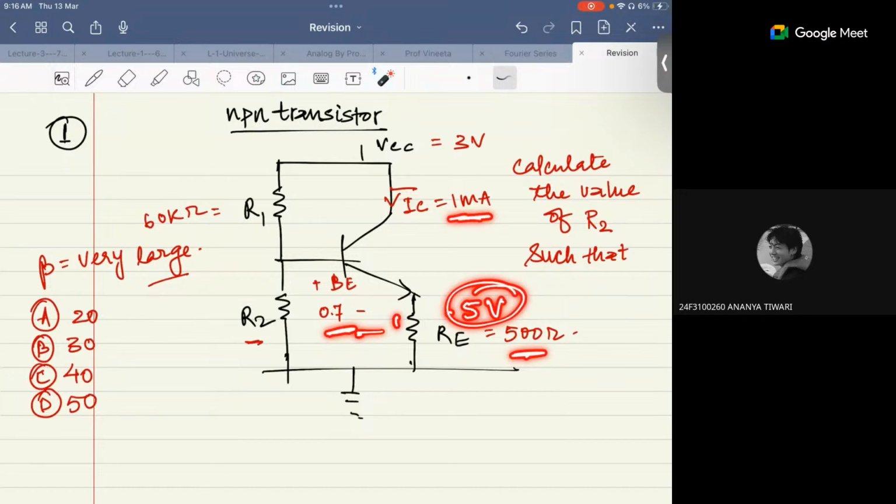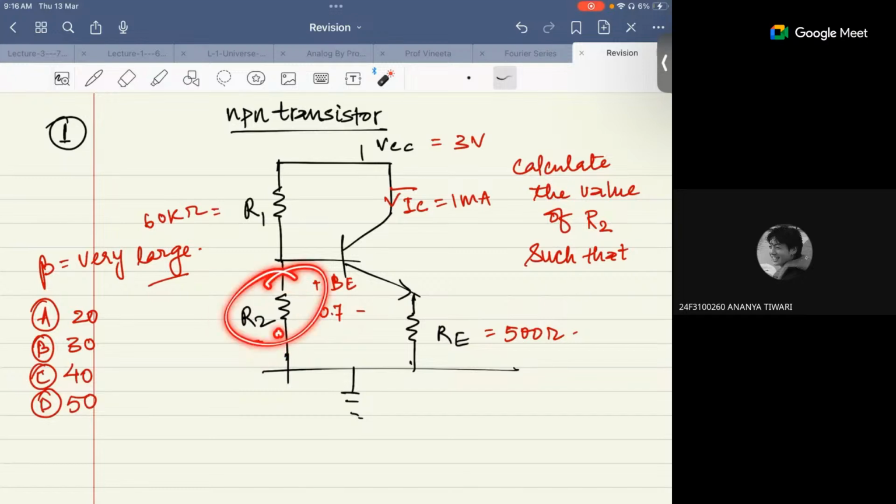So 1.2 volt drop should happen here, so that the voltage in this loop will be zero overall. 0.7 here, 0.5 here, so the remaining 0.2 volt... sorry, 1.2 volt drop should be happening here. For the 1.2 volt drop, you need the current here.